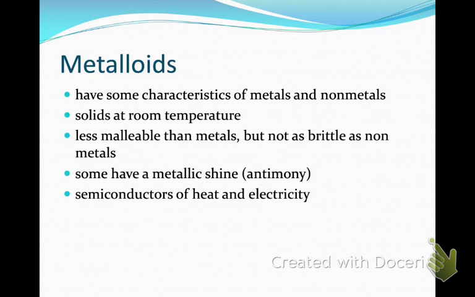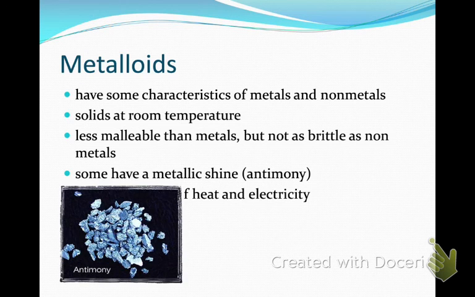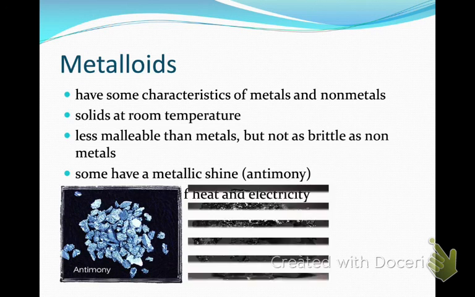So that means heat can travel and electricity can travel through there, but it's not done as easily as in a true metal. Okay, so you've got metals on one side, nonmetals on the other, and metalloids that fit right in the middle. So there's an example of really shiny antimony.